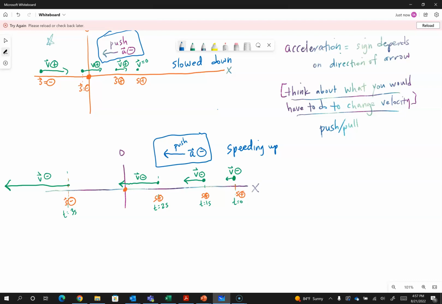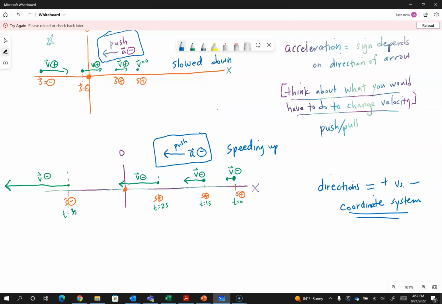Positive and negative, whenever we're talking about directions of any of our vectors, is always due to our coordinate system. So that's why in this second case, even though the acceleration's negative, the object's speeding up.